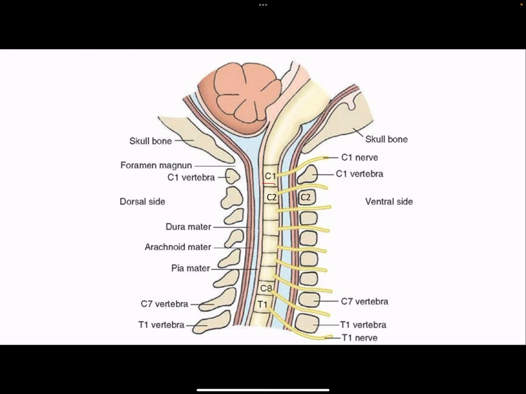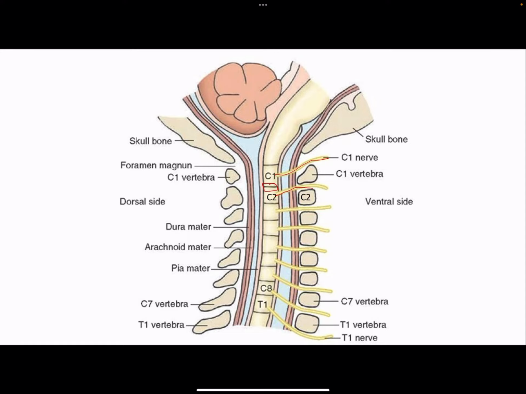Let's say that we have our little disc here, between C1 and C2. Always above the disc, it's going to be the nerve root above. So here's the C1, C2, the nerve root is moving above the C1. And then the C2 nerve root is moving above the C2 vertebra, et cetera. Except that, again, we have this mismatch, now the 8th nerve root has to go below.